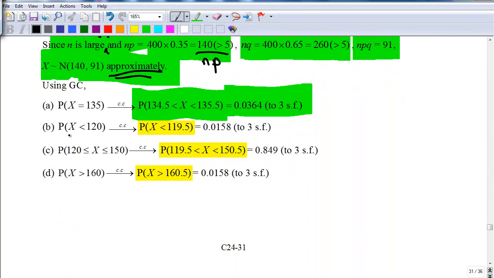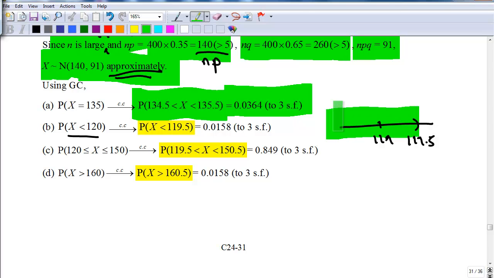Yeah, I have X less than 120. So the first number I need is 119. I explained this earlier already. So I will have everything less than 119.5. Then for 120 and 150, I will need the number 120 all the way to 150. So if you want, you can draw another number line.